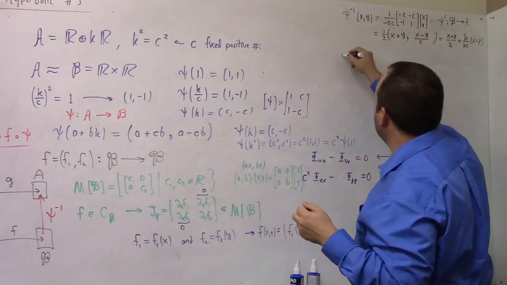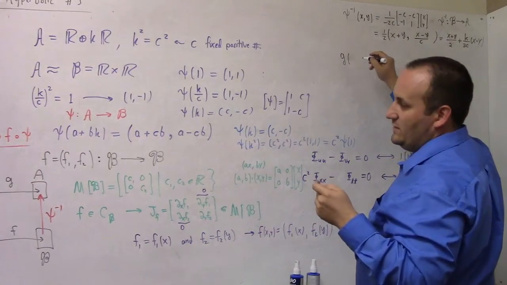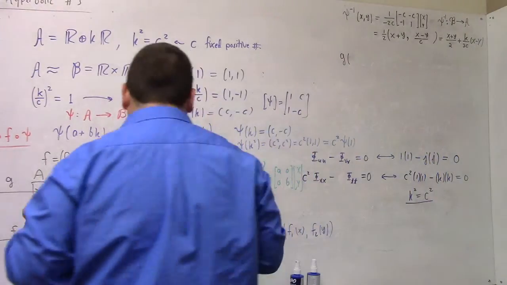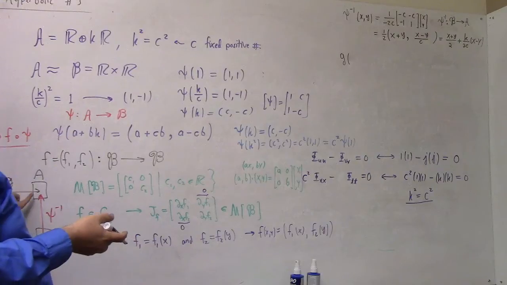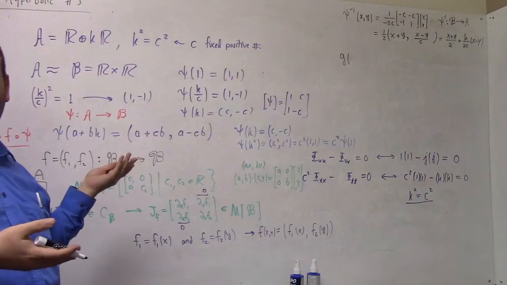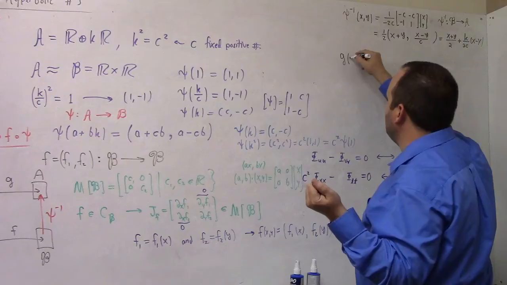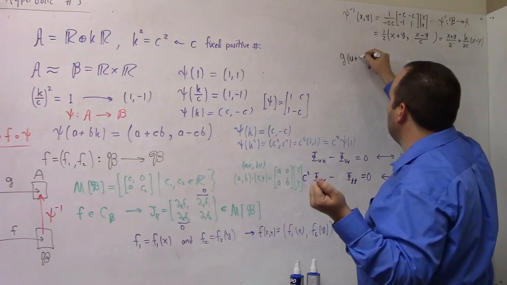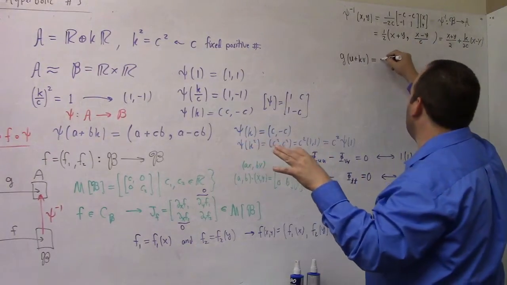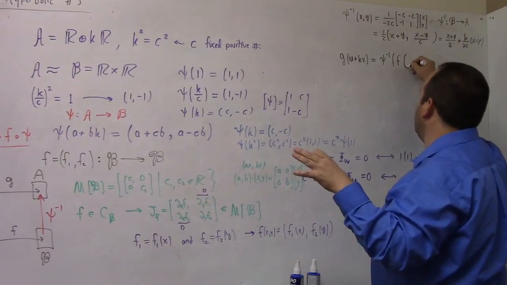Great, let's put that into practice. Then we want G of what? Unfortunately, I've used x and y for coordinates on B, so I should use something else for coordinates on A. I guess I'll use U and V for lack of a better idea. So G of U plus kV is going to be, this is our identity, psi inverse of F of psi of that.